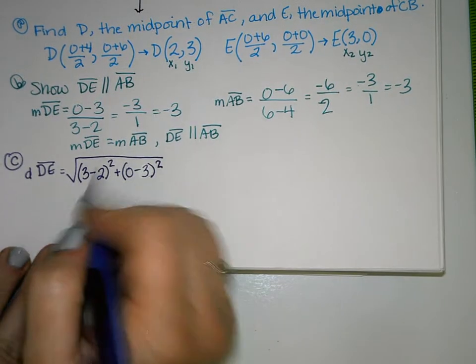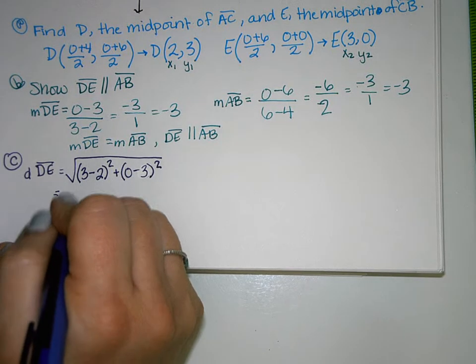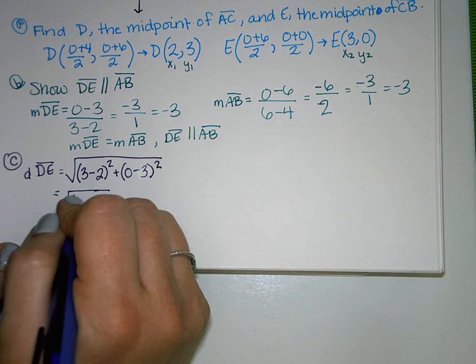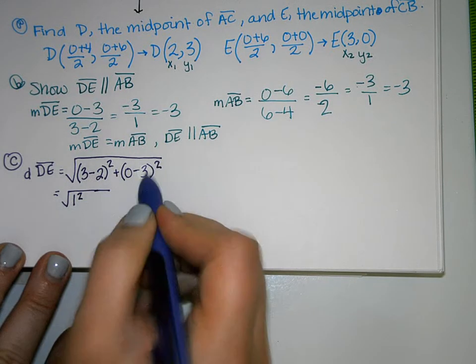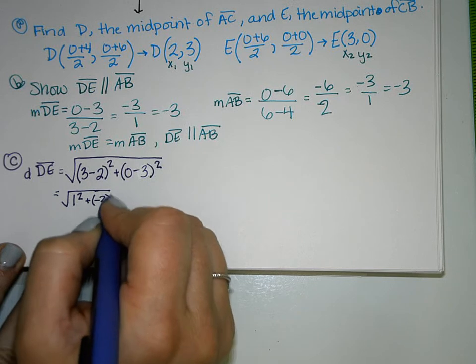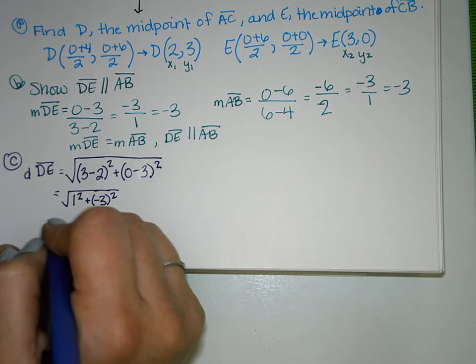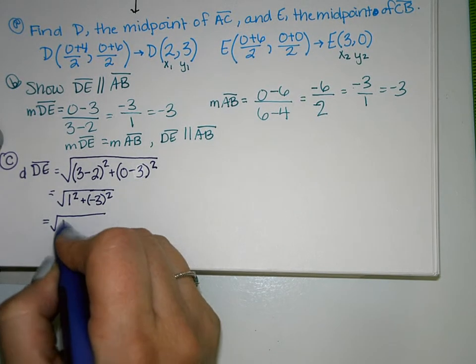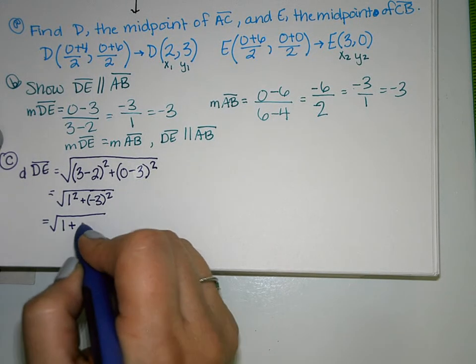I'm going to move this up now. So I'll have the square root, so 3 minus 1 is 1. 0 minus negative 3 will give me negative 3. One squared is 1. Negative 3 squared is 9.